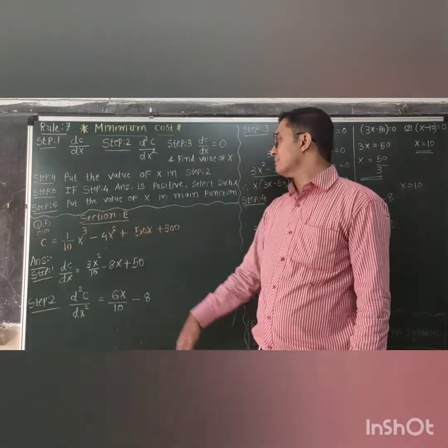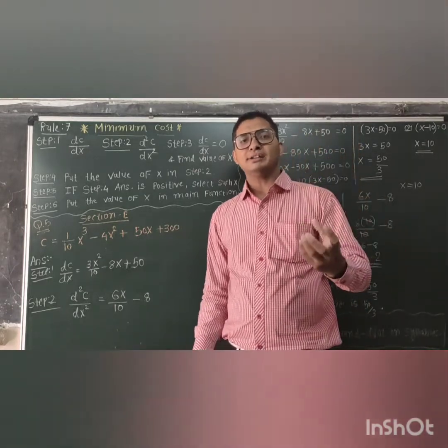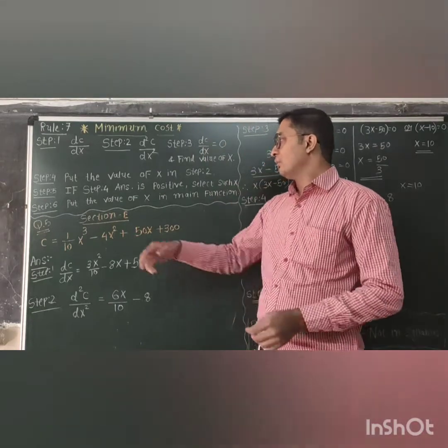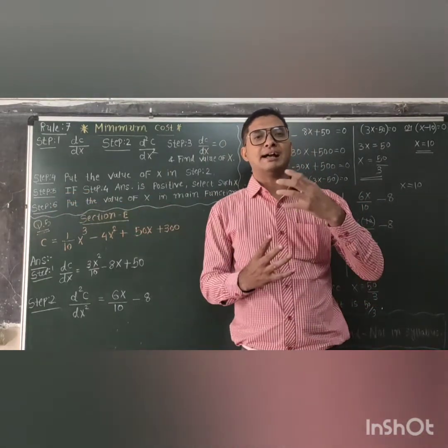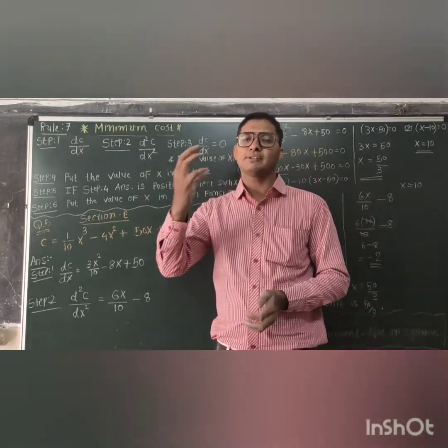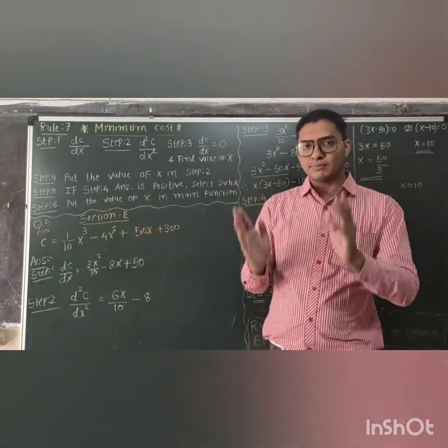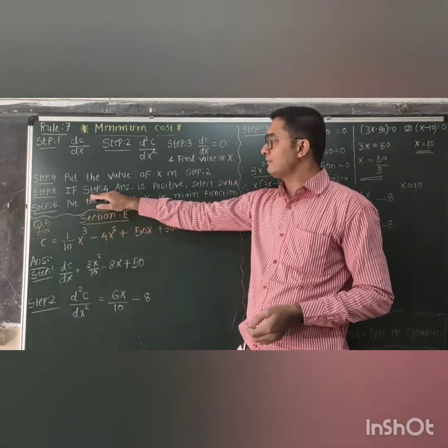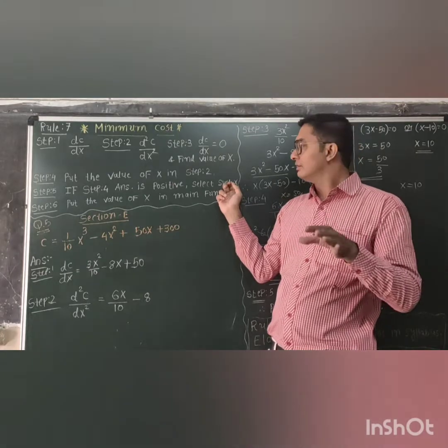And now step number 6. If they are asking to find the total minimum cost, then only we have to do step number 6. Otherwise, if they are asking for the units where the cost is minimum, they are not asking about the minimum cost but about the units. So at step number 5 we got the answer for units, and it is the end.